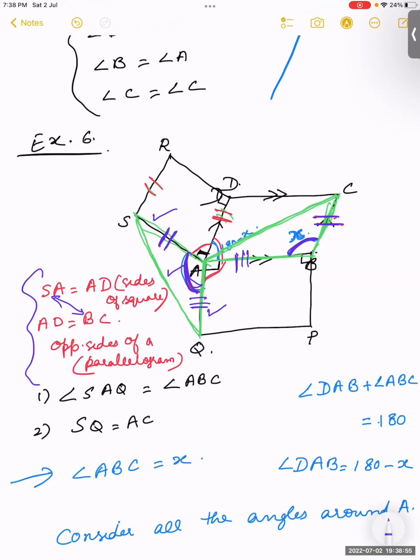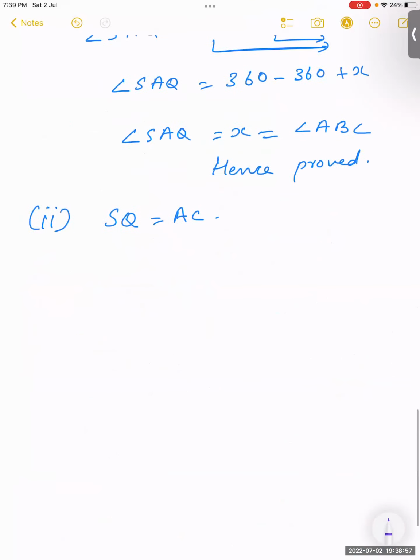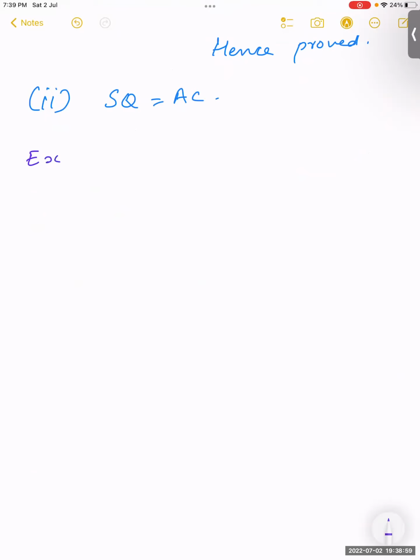Okay, let's do it. Example 7. I hope you have completed drawing. We have two parallelograms here. Let me first draw it. Okay, this is one parallelogram.